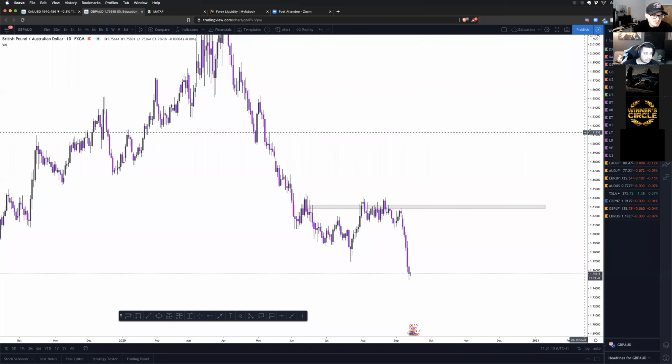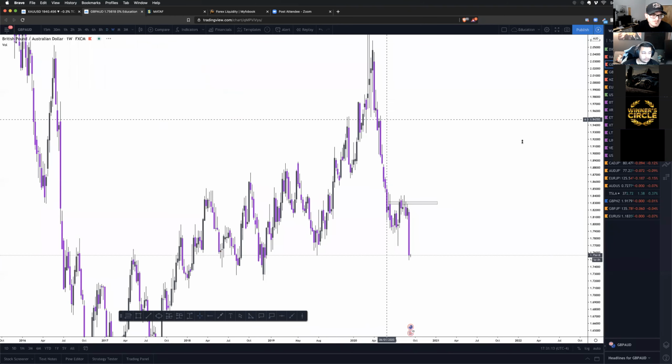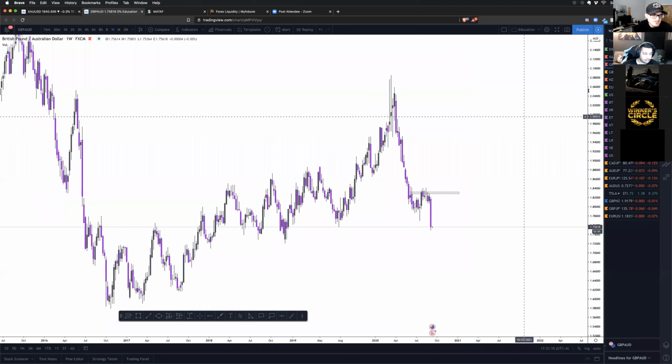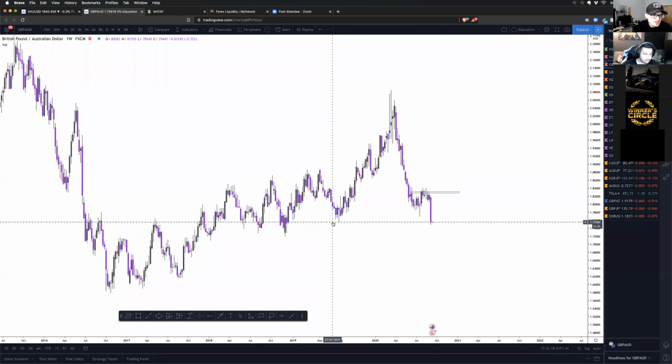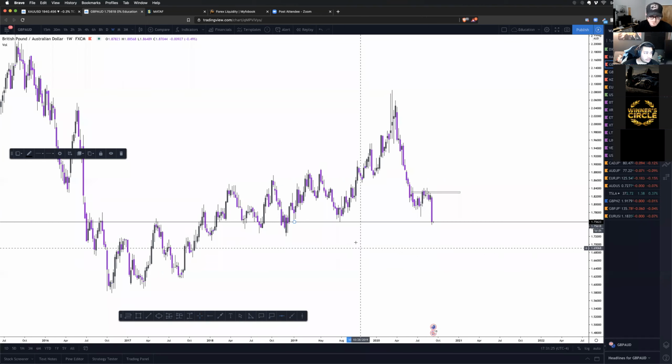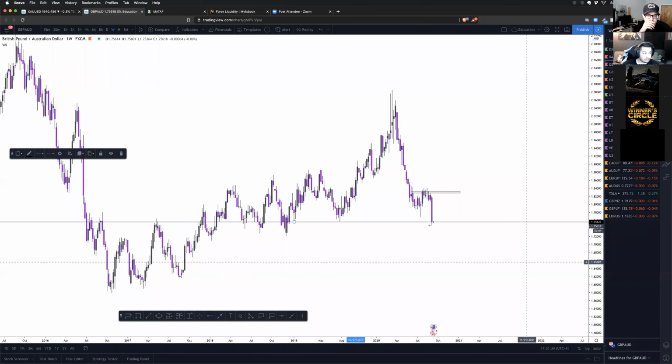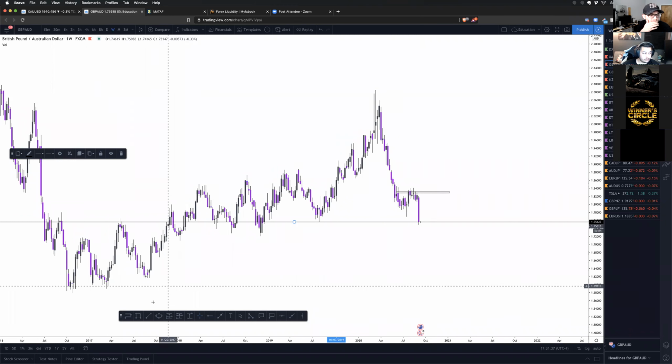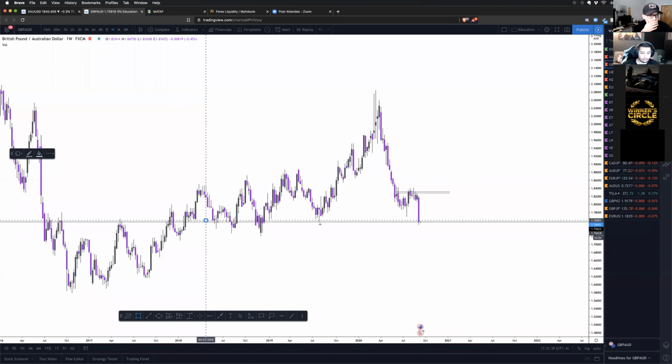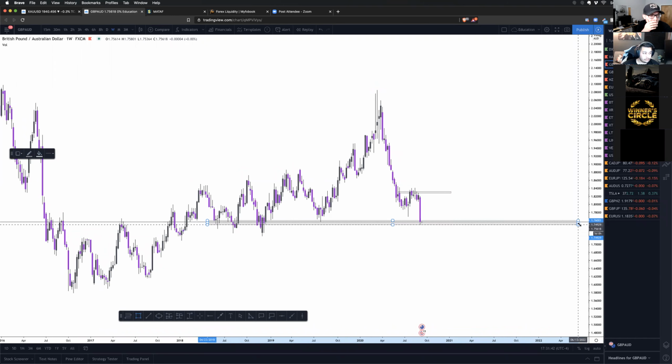So right now with GA, what I did in this situation was I went up to the weekly. Based on the weekly time frame, based on this wick here, support, kind of choppy, but support, resistance, resistance, resistance. I'm expecting to see a turnaround from this level here. Bring that across to the daily.